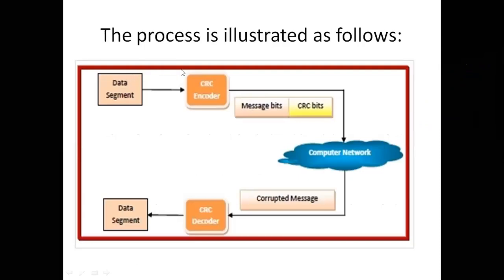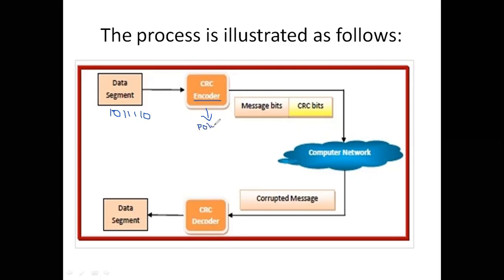Next, this is the process related to the CRC encoder and decoder. Here, this data segment is in the form of zeros and ones. It is the data being sent by the sender. Whatever the data is, it is converted into bits format, and that can be considered a segment. That segment we convert into the encoding format, which is calculated by the polynomial code.